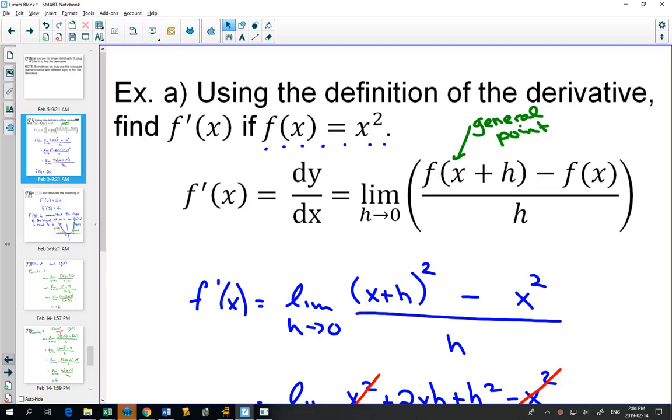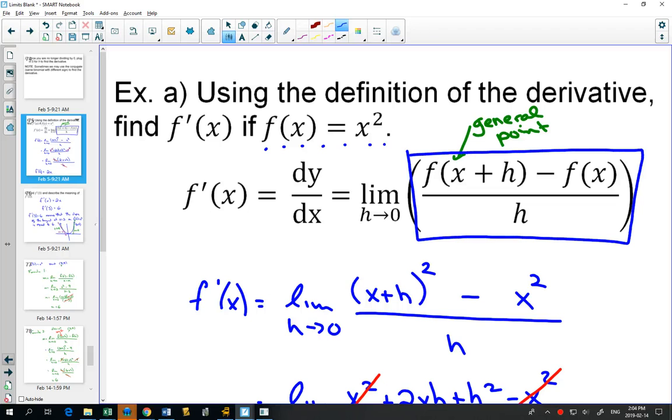The limit as h goes to 0 of f of x plus h minus f of x, and again, just a reminder, this is really just rise over run. We made h the x value, the distance of the triangle in the x direction, and f of x plus h minus f of x your rise.